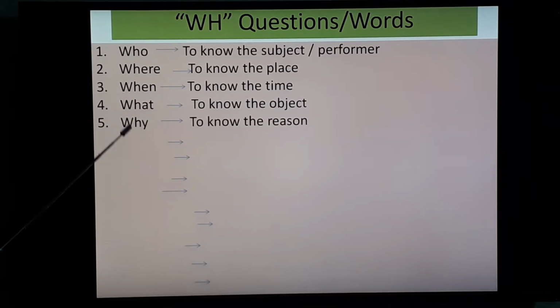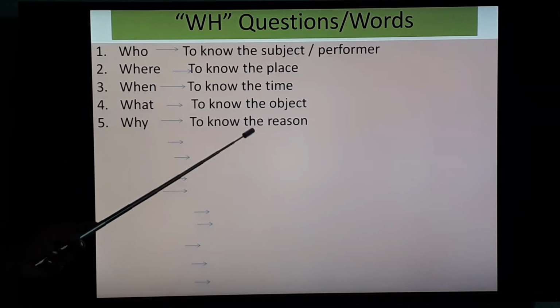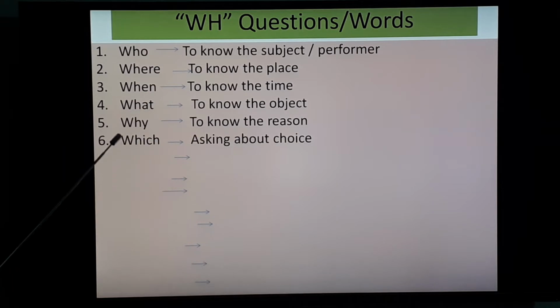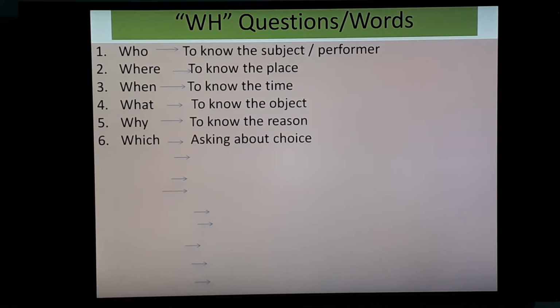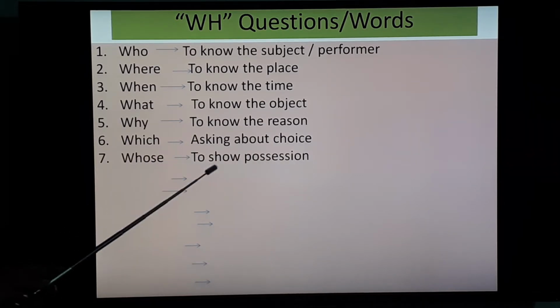Then here, why. Why we use to know the reason. Which is used to ask about choice. Whose. Whose is used to show the possession, or you can say ownership.